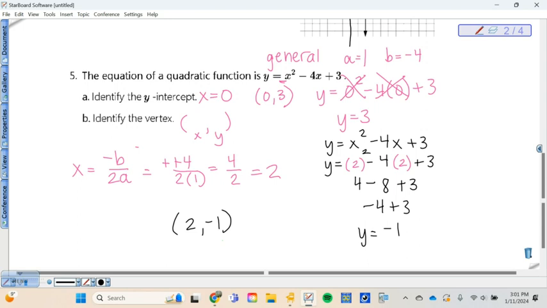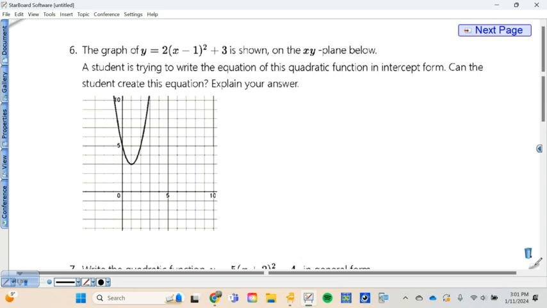Okay, let's keep going. 6. Okay, my graph is shown, and I have my equation in vertex form, and she's trying to write this equation in intercept form.